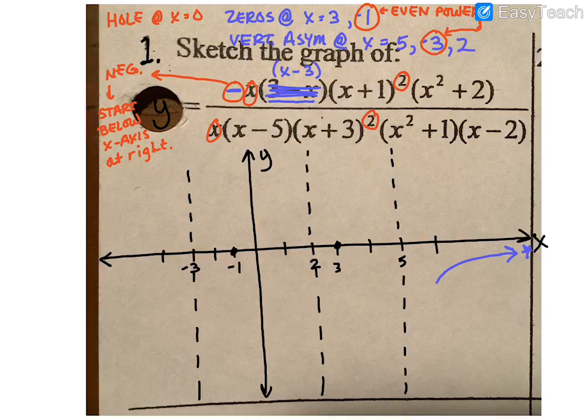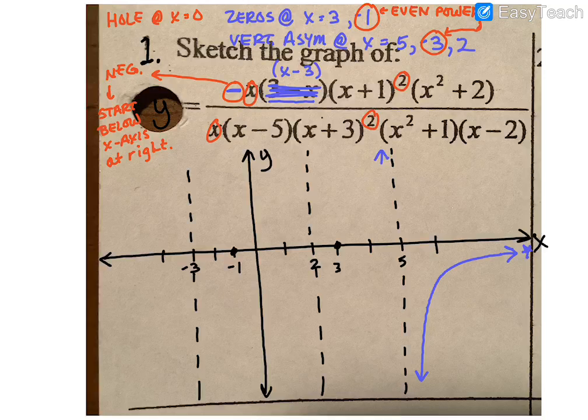And so we will run along that vertical asymptote and head down to -infinity. Now, the vertical asymptote of 5 just had a regular power of 1 or an odd power. So that means I am going to switch signs. And now when I'm on the other side of the vertical asymptote, I will be positive.